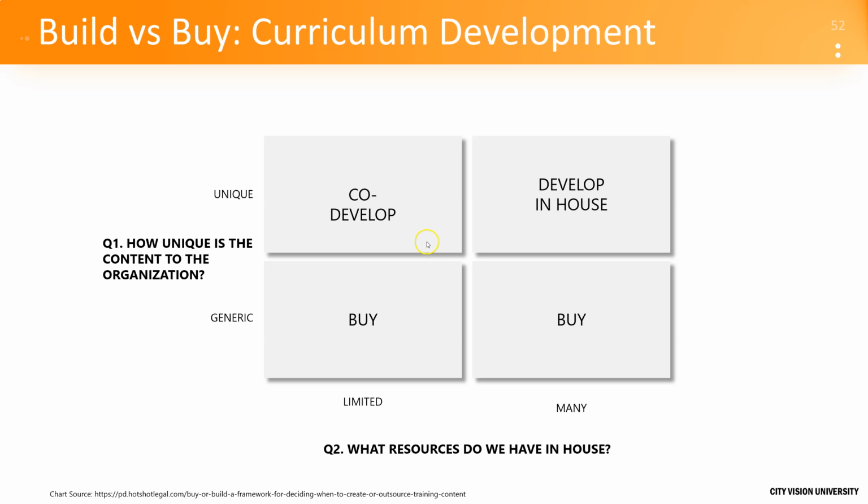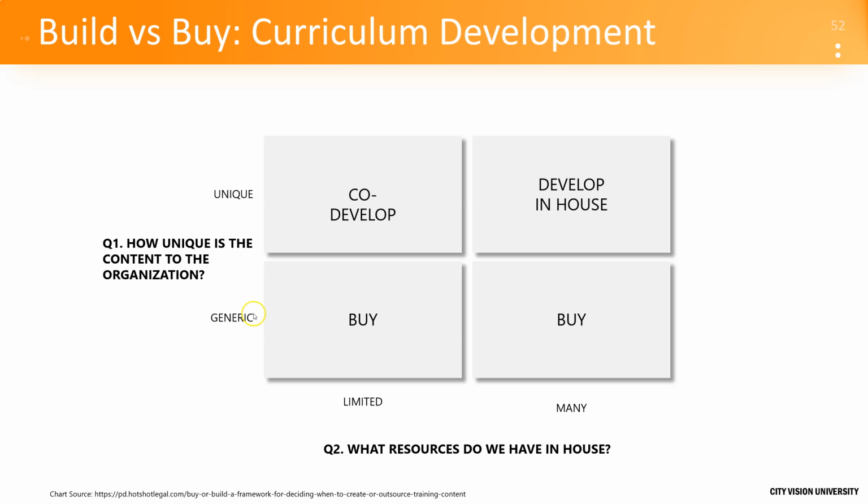Now, if you have a lot of resources in-house, say a lot of staff, the largest organizations with high expertise, then you might want to develop in-house. And then the question is how unique is it?